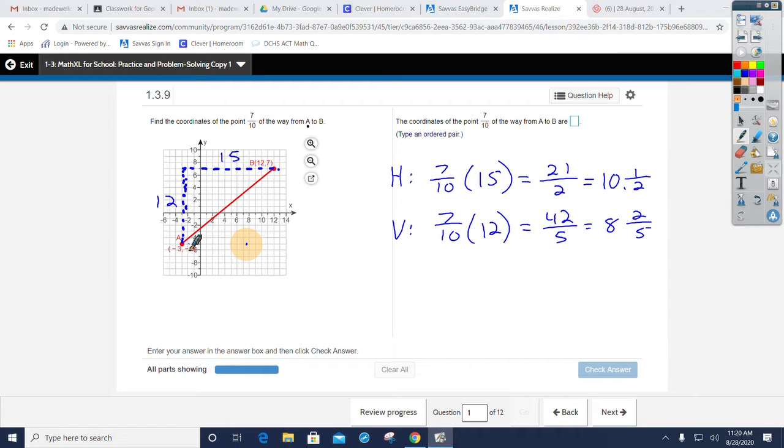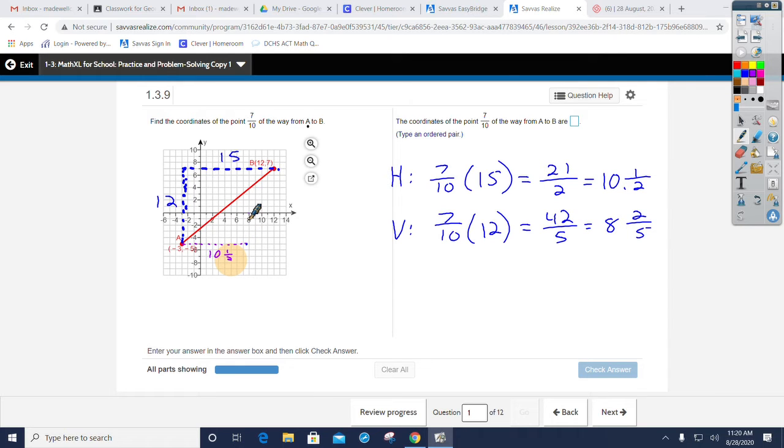So let me actually get a different color here so we can see the difference. So I'm going to go over 10.5. Okay, and where does that hit? That makes me hit at 7.5 here on my x-axis.